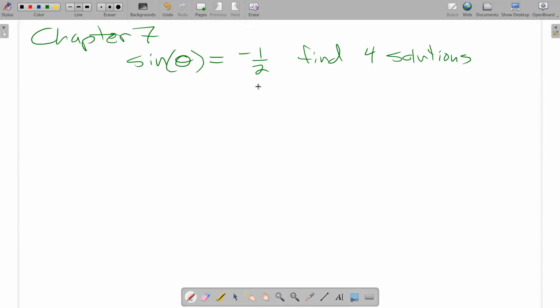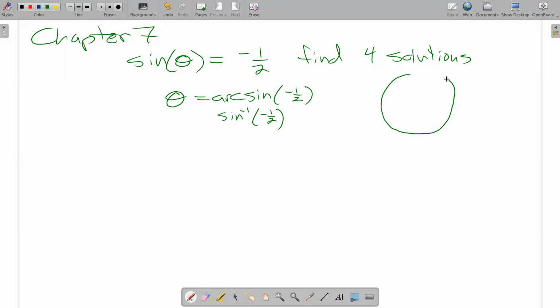I recognize -1/2 as a special value from my special angles. So when I think about applying the inverse trig function here, theta equals the arcsine of -1/2, or we could call it the sine inverse of -1/2, pops into my head an angle related to pi over 6.